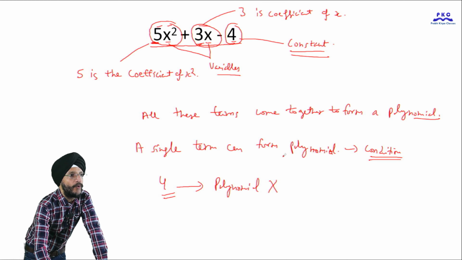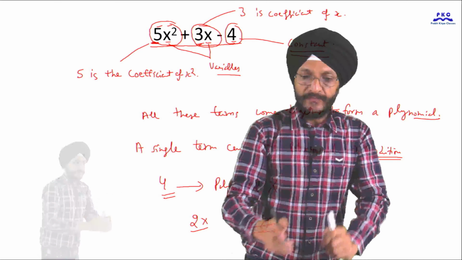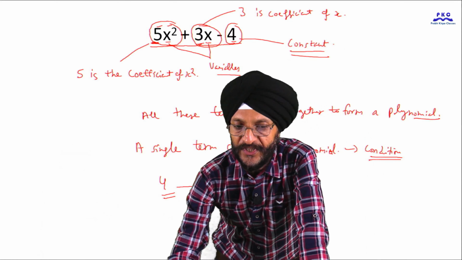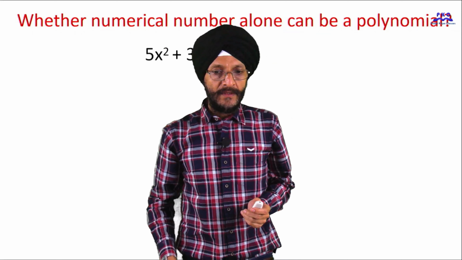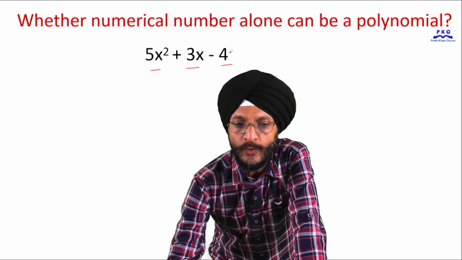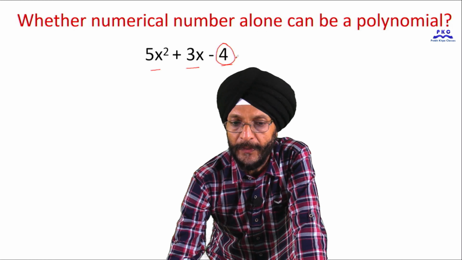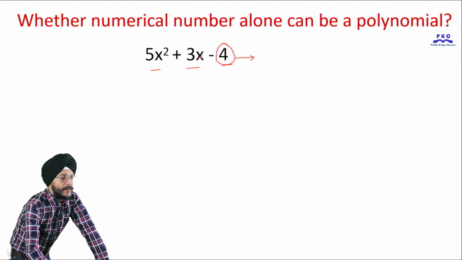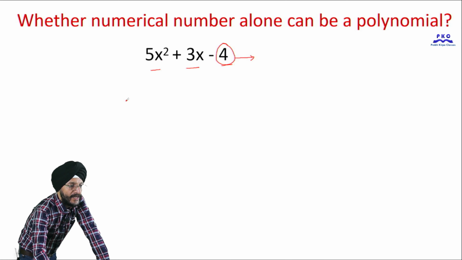Though a single term can form a polynomial, its example can be, say, 2x, 3y. Here it is a combination of coefficient as well as variable. We have already answered whether a numerical number alone can be a polynomial. No.